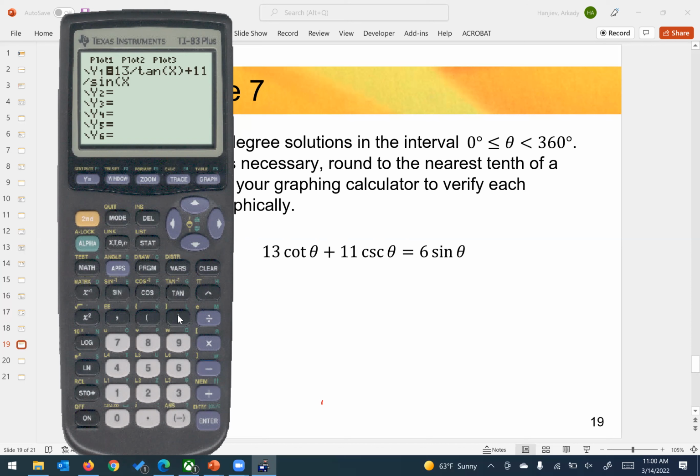So that's one side of the equation, right? The other side is 6 times sine of x. And we want to see whether they intersect each other. That's it.